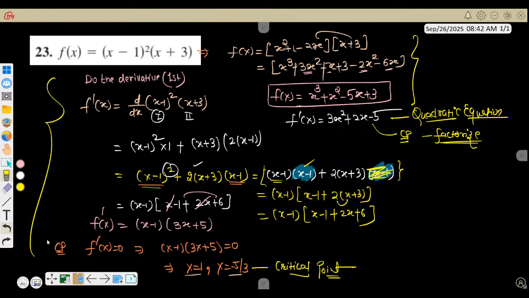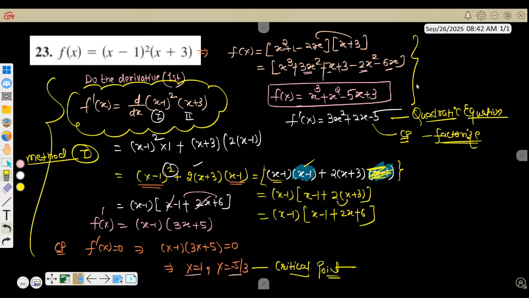That's why I told you, without expanding, apply the direct derivative. Now you understand my point, why I'm telling this method number 1? Because method number 1 will give you the critical point easily. Because in this format, no need to make factors. You already have factors present.